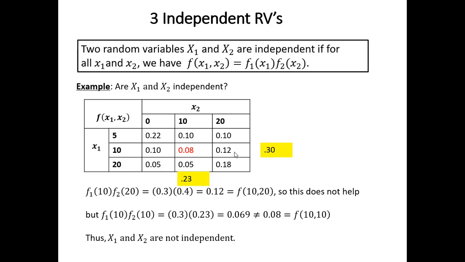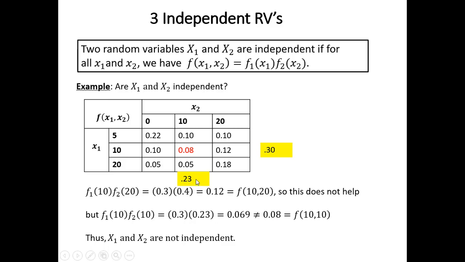So that doesn't really help me if I'm trying to prove that x1 and x2 are independent. But if I look around a little bit more, you can see there is a pair where this fails. If I take the 10-10 pair, in here we have 0.08. So that's f of 10, 10.